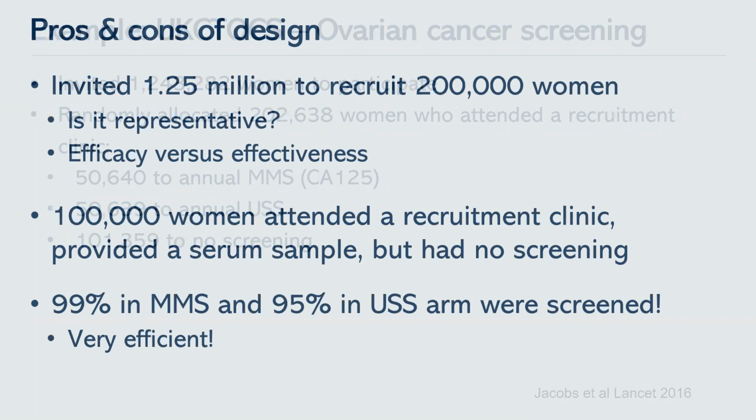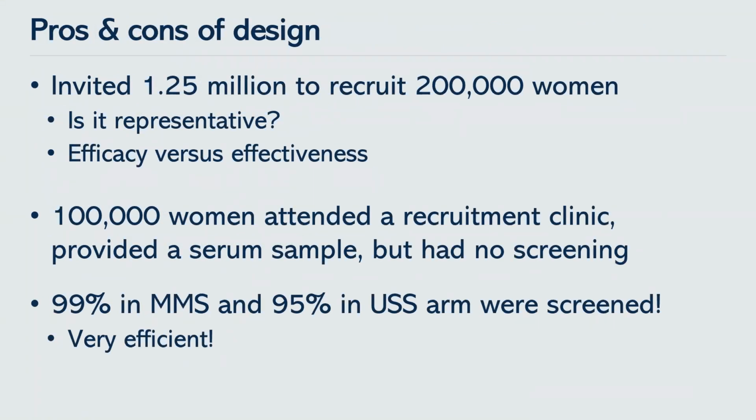So the problem with this design is, if you only get 200,000 people out of 1.25 million who you've selected, is it representative of the population? So it's not an effectiveness trial. It's only really looking at efficacy. There's also a question that 100,000 women attended a recruitment clinic, provided a blood sample, but had no screening.